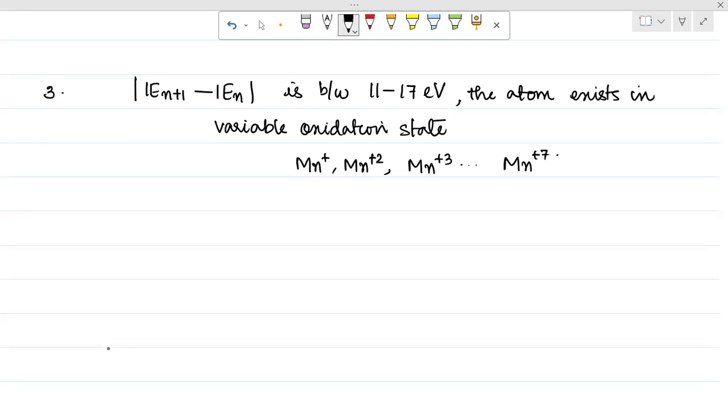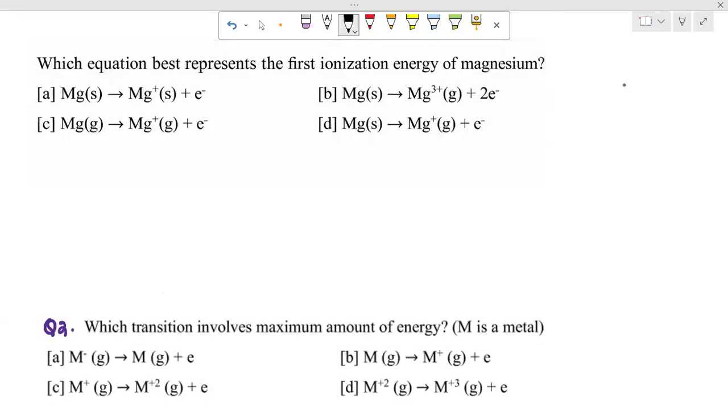Okay, now based on whatever we have learned, before giving you assignment, let's do some practice questions in the class itself. Okay. First question, which equation best represents the first ionization energy of magnesium? So we said ionization energy always means that whatever species that you're taking should be in the gaseous state.